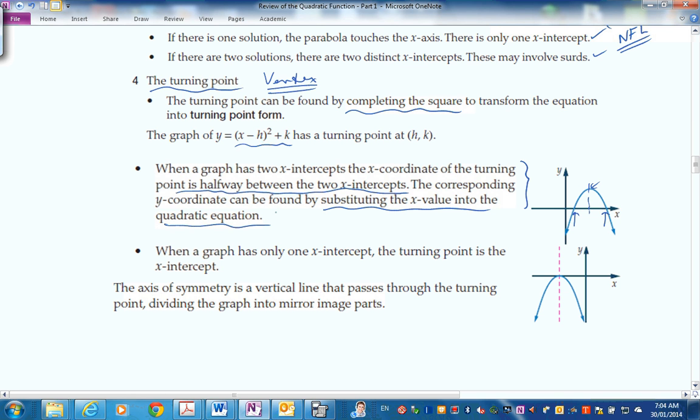This is a nice summary coming from a textbook published by Pearson. When a graph has only one x-intercept, the turning point is the x-intercept, so it's sitting right on the x-axis there. And we call this line, which I've drawn in there, the axis of symmetry. It's got an equation x equals a constant, because it's parallel to the y-axis: x equals the x value of the vertex.